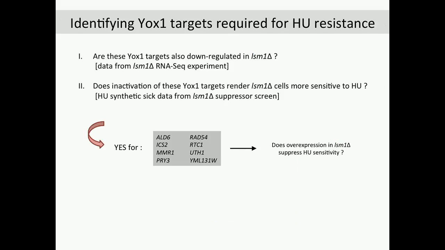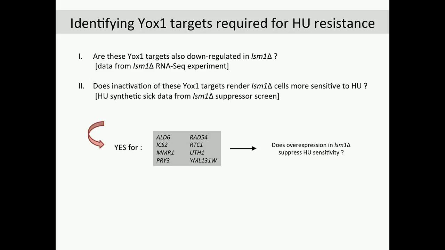So we wanted to see whether we could identify targets of YOX1 that are important for HU resistance. We reasoned that these targets should be downregulated in LSM1, and also that inactivation of these targets in an LSM1 background should render the cells more sensitive to HU.